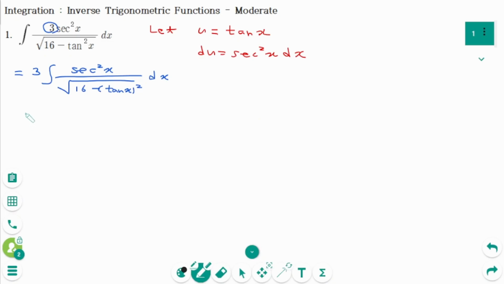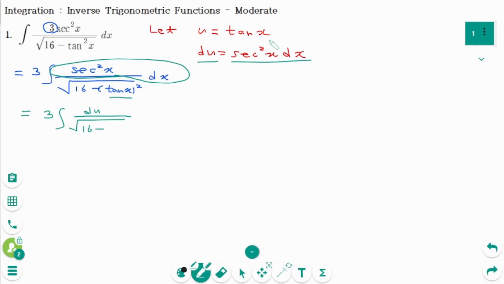Change all x into u. 3 times the integral of secant squared x dx, which equals du, over the square root of 16 minus tangent x, which is u, squared.